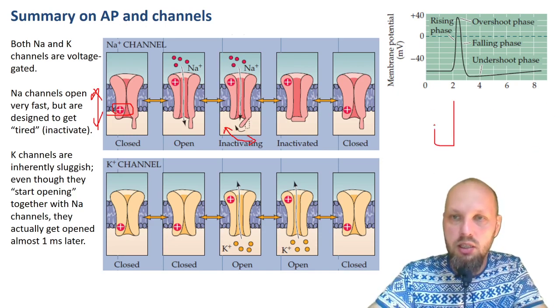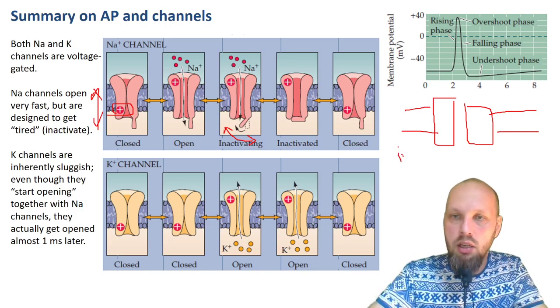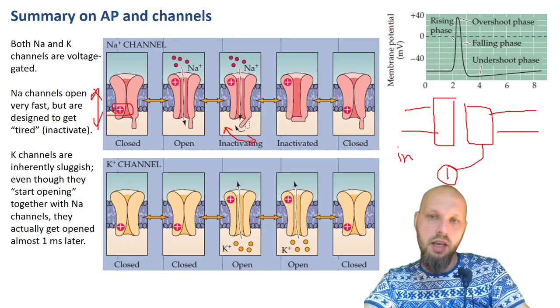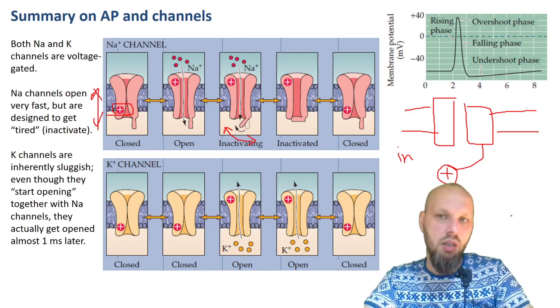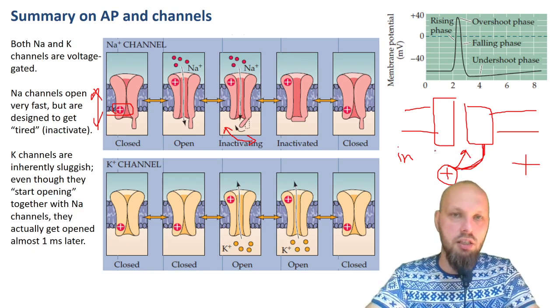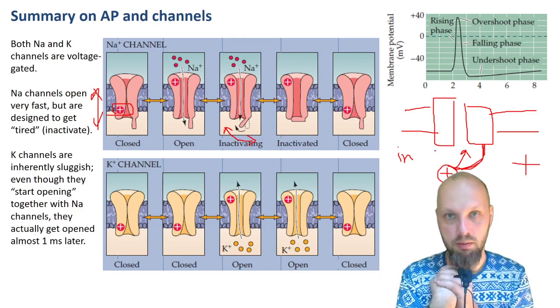The way it works, you have a channel and a cell, and this is the inside of the cell, and the channel has a little part that is positively charged. When the cell is negatively charged, this part stays away from the pore, but if the cell becomes positively charged, then this part tries to escape, but it cannot because it's connected to the channel, and so it gets into the pore and clogs it.